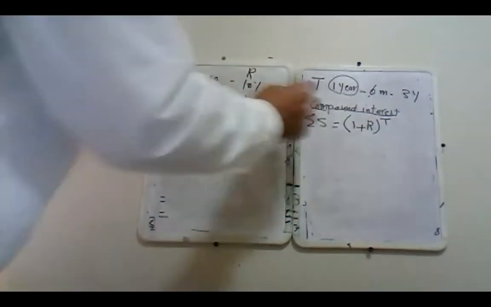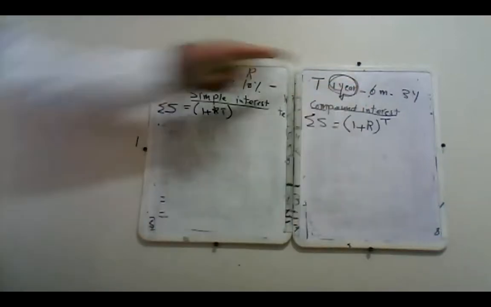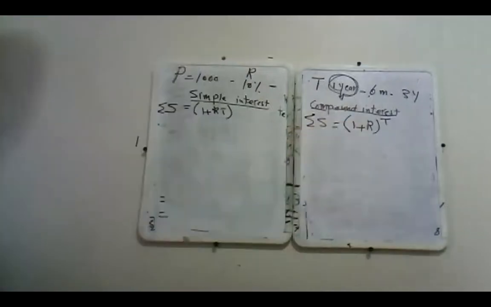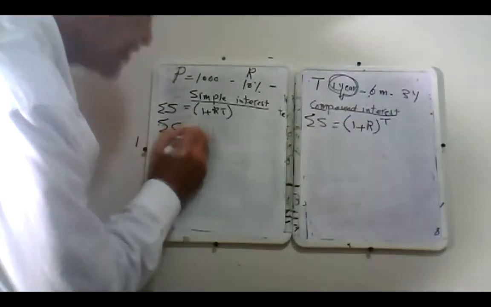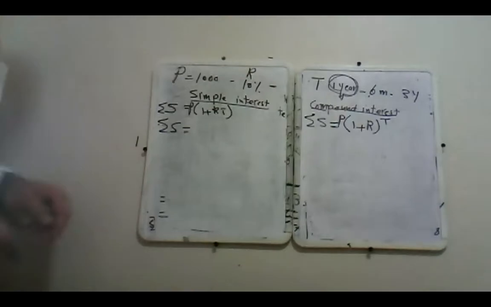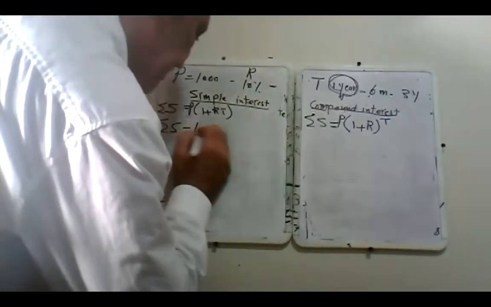Let's now consider the first example. If t was 1 year, we will calculate it simple and we will calculate it compound. So if t is 1 year, then based on the simple interest, we will multiply by the present value. In both cases, we have the present value. The present value is $1,000 multiplied by 1 plus r.